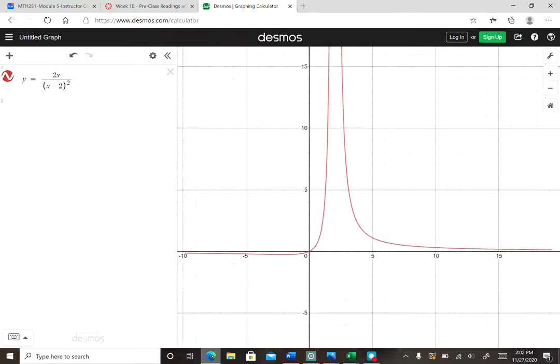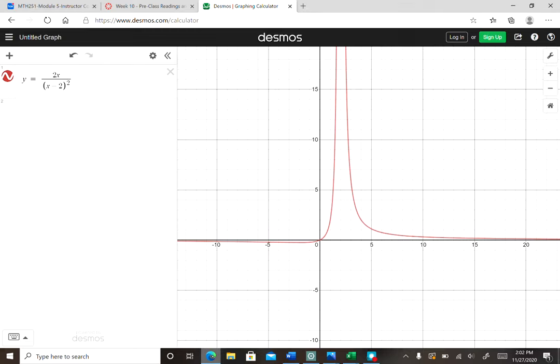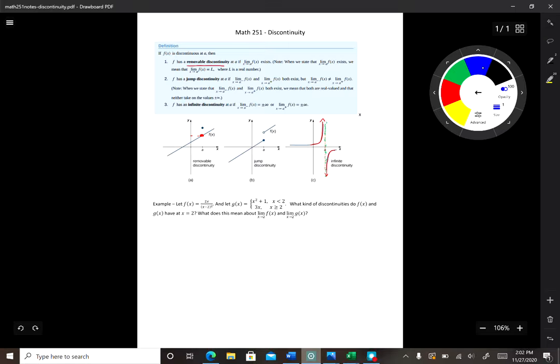So no matter how far out we zoom, we see that our function will go up to positive infinity on either side of x equals 2, which means that this is an infinite discontinuity and that we have a vertical asymptote at x equals 2. So for f of x, we have an infinite discontinuity at x equals 2.